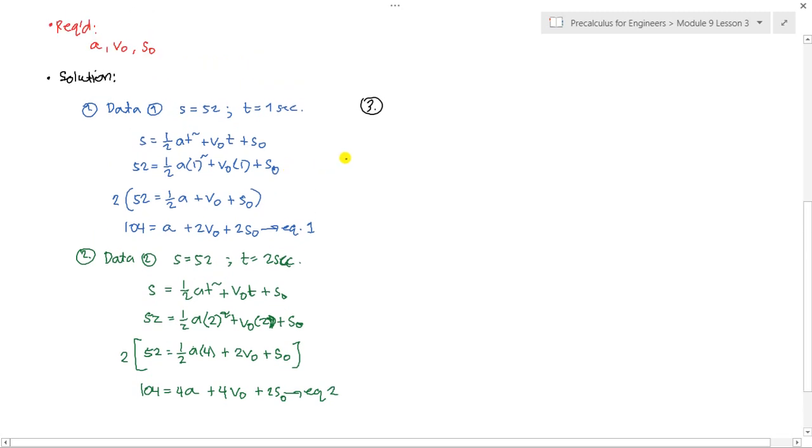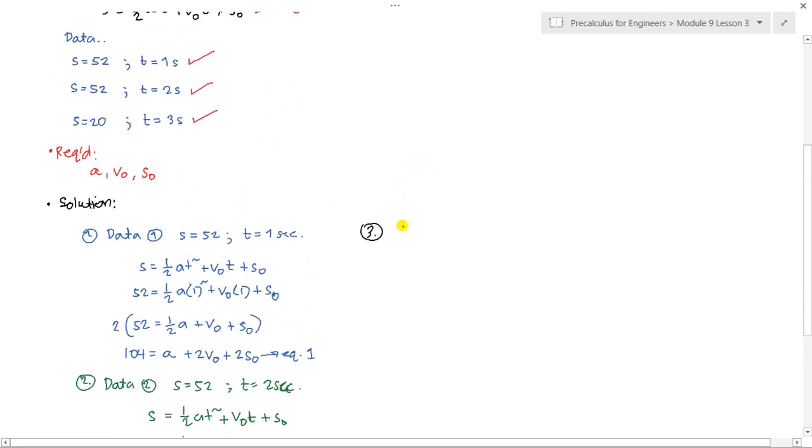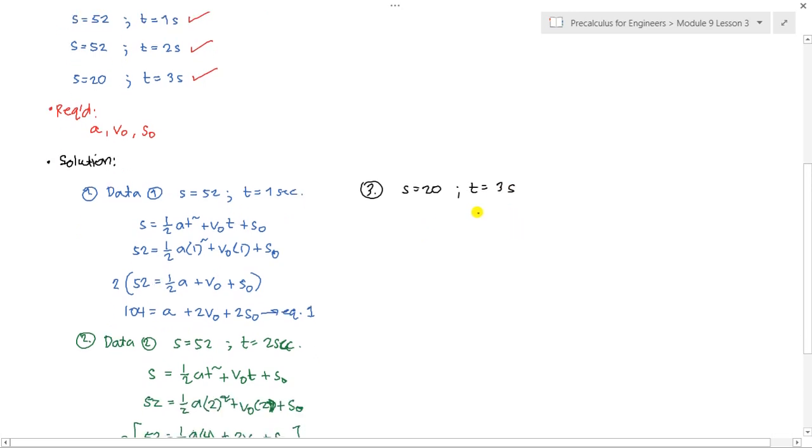Let's proceed to data number 3. So in data number 3 we have s is equals to 20 and our time there is 3 seconds. So again, using our general formula, s is equals to 1 half at squared plus v naught t plus s naught. So our s here is 20. So 20 is equals to 1 half a times 3 squared plus v naught times 3 plus s naught.